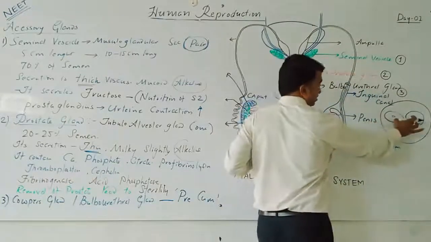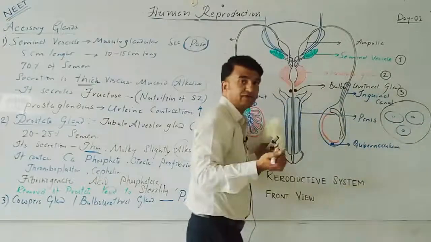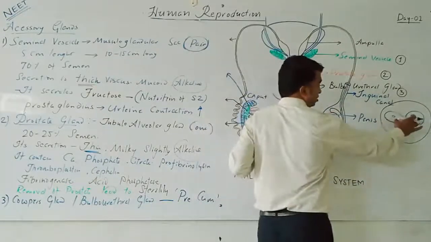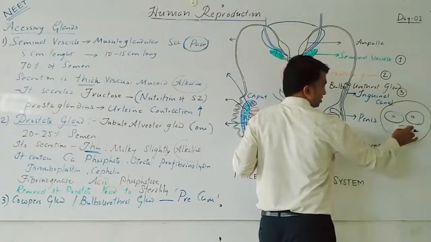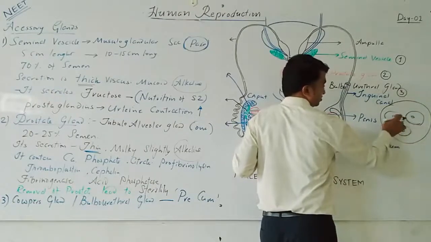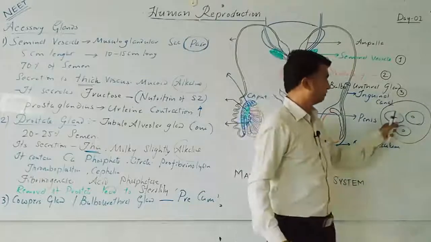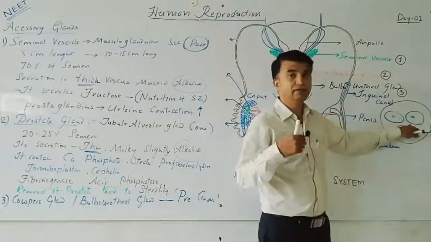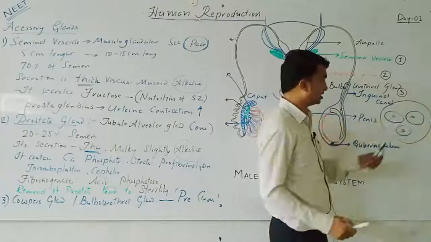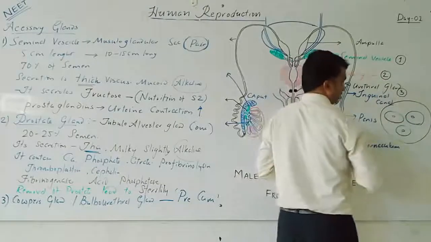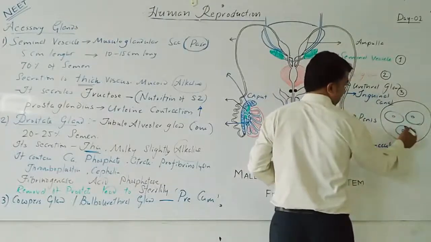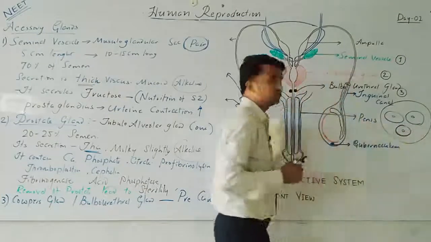These are the erectile, shaft-like structures. This is called the corpora cavernosa. This is the corpora spongiosa. It has a sinusoid-like structure, so if blood flows into this, it becomes erect. The upper two structures are called the corpora cavernosa, and the lower one is called the corpora spongiosa.